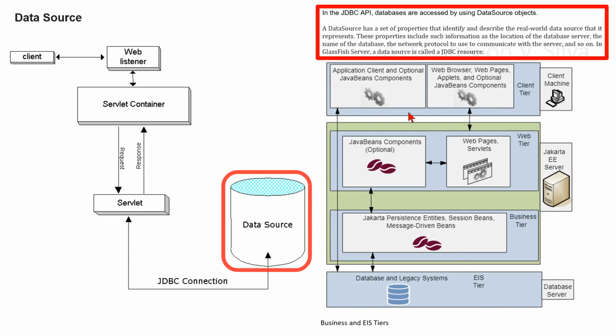Here you can see application client and optional Java Bean components interact with the EIS tier. Application client and optional Java Bean components, and web browser, web pages, applets and optional Java Bean components are inside the client tier, and the client tier is connected to the client machine.